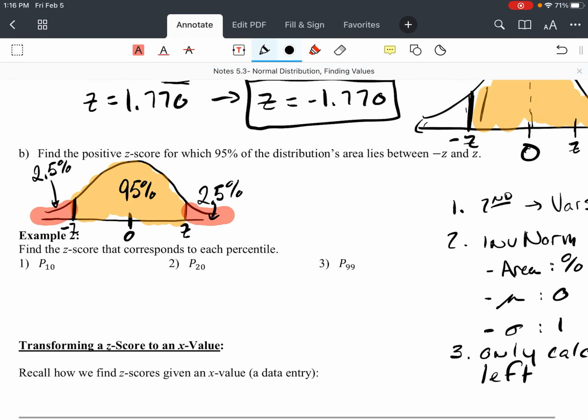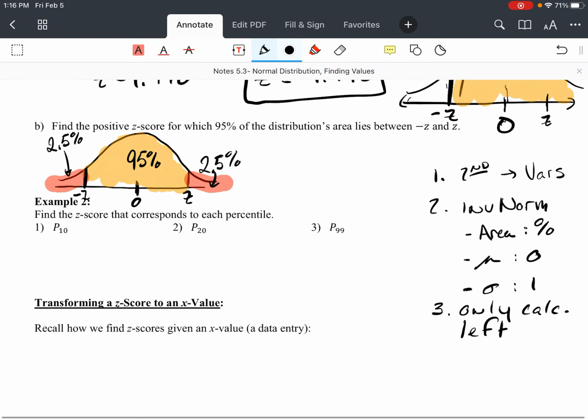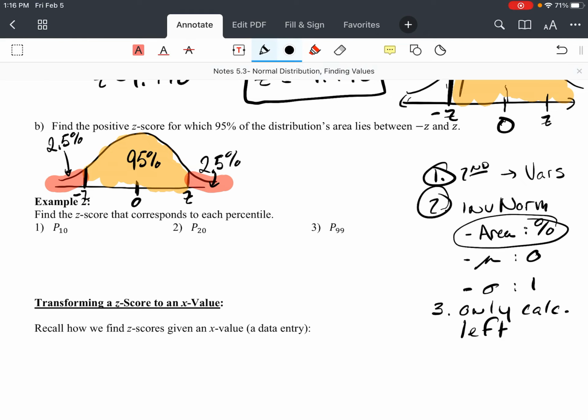So now we can calculate. We can find one of the z-scores, remembering that it always only calculates to the left. So I'm going to go to second vars down to inverse norm.